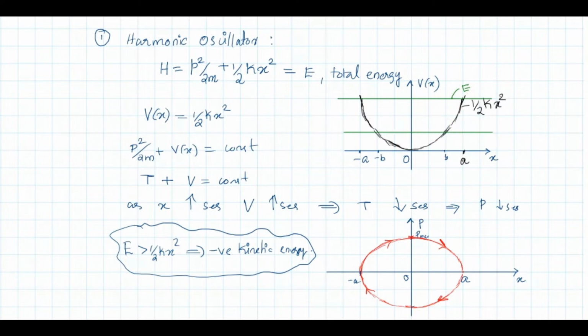This is the total energy. If you take a harmonic oscillator with a lower energy E2, okay, this is corresponding to energy E1, then its phase space trajectory will be bounded between minus b and plus b. So it will be something like this.